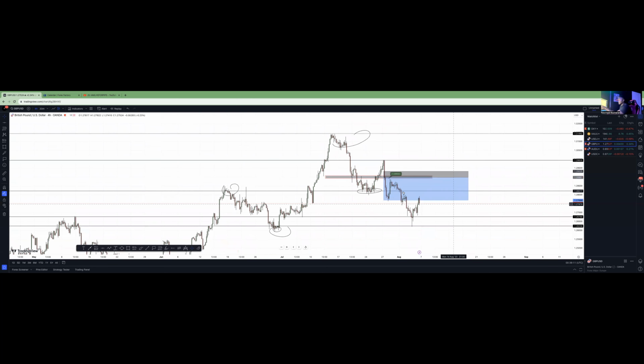Why? Because if the market respected 1.30 like this, then this has to be our Fibonacci level, right? Why is it our Fibonacci level? This level got tampered with. So the 1.28 level here got tampered with here and price rallied back to the upside. So what are we expecting?